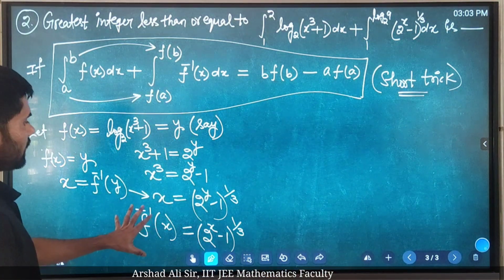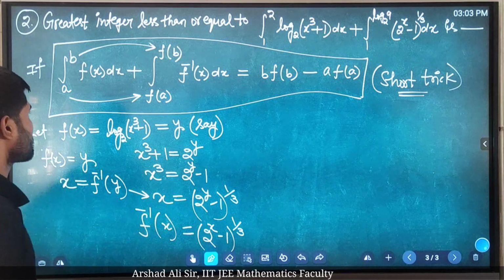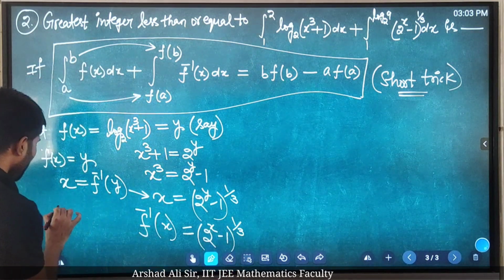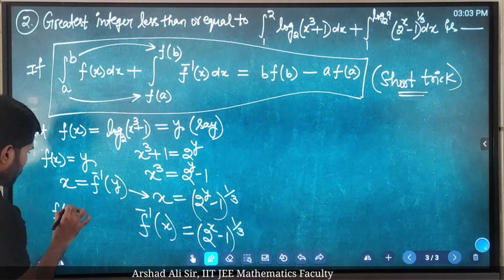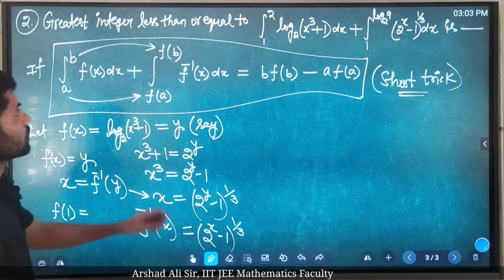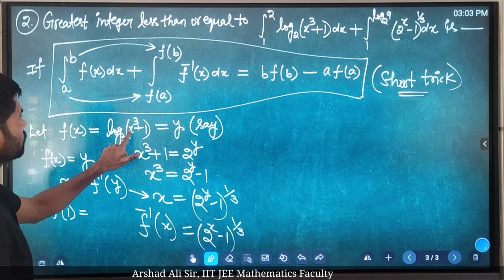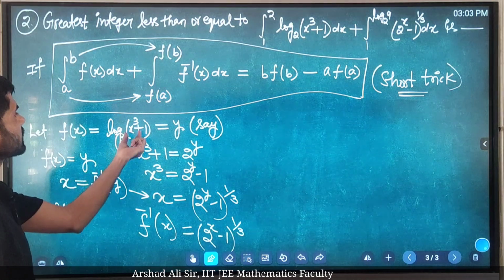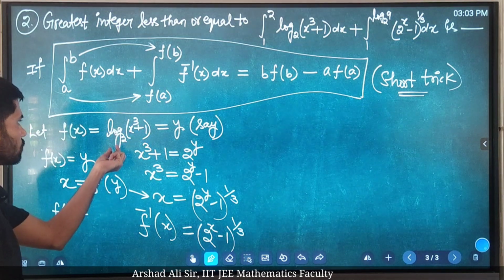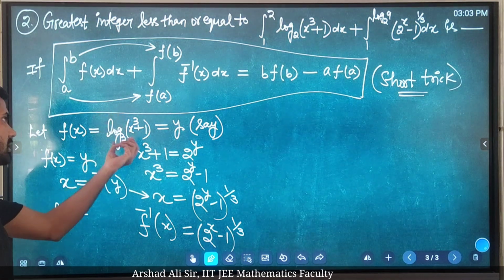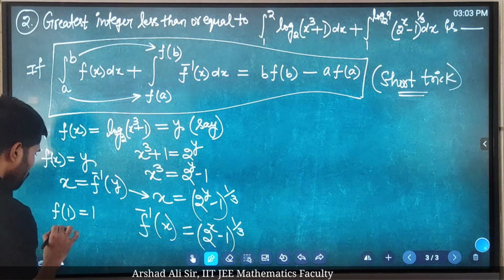So we checked that this one is the inverse, but what about the limits? Put x equal to 1, we are finding the value of f of 1. Putting x equal to 1, 1 cube plus 1 gives log 2 at base 2, and we know log a base a is equal to 1, so f of 1 is equal to 1.